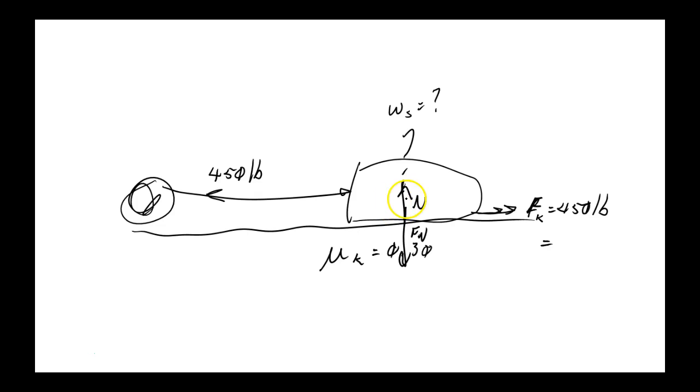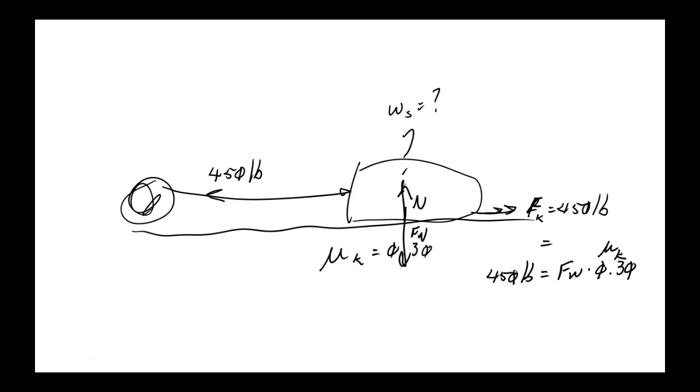So this is equal to 450 pounds, that's the frictional force, has to equal your weight, F sub W, times your coefficient of kinetic friction, 0.30, mu sub k. I should have put mu sub k in front, but it doesn't matter. And how do you get the weight?